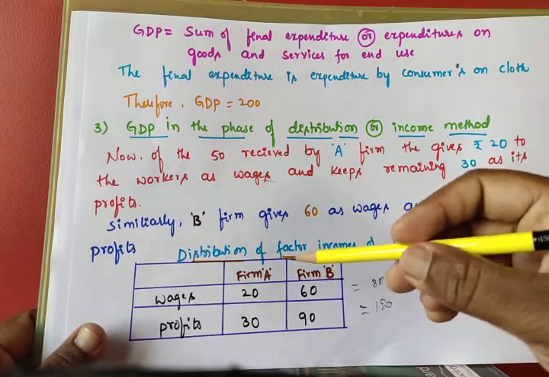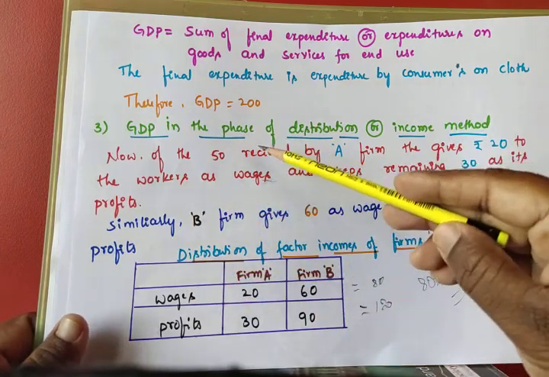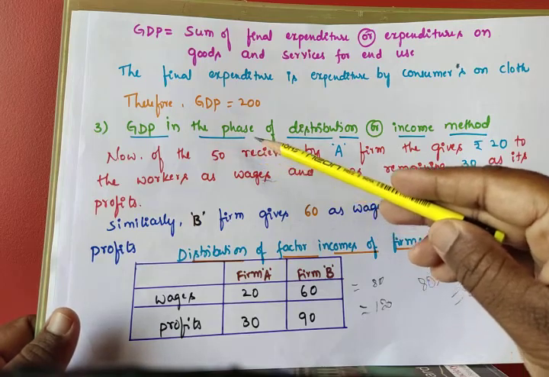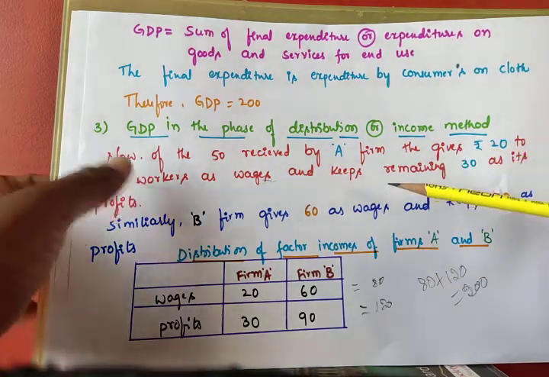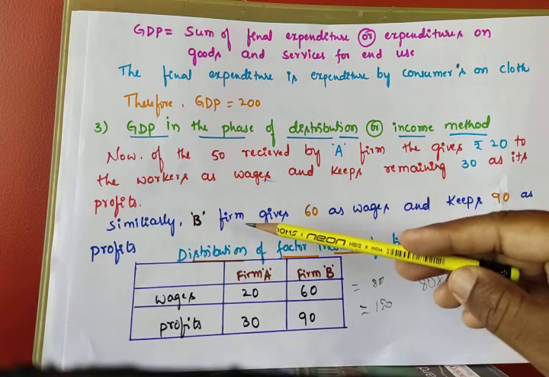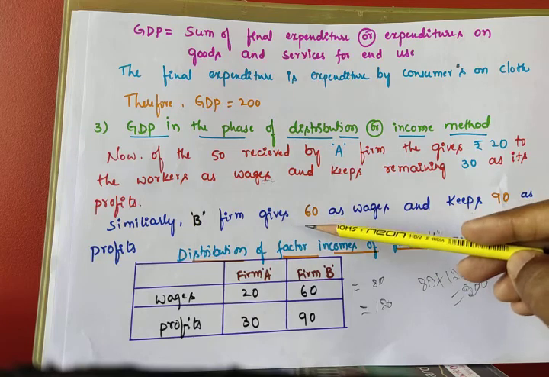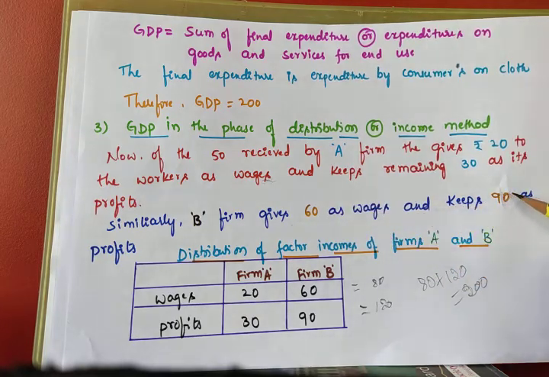Don't forget, imagine firm A got rupees 50. Out of this, it has provided rupees 20 to the workers and keeps the remaining as profit. And firm B, out of 150, has provided rupees 60 as wages and keeps the remaining 90 rupees as profit.